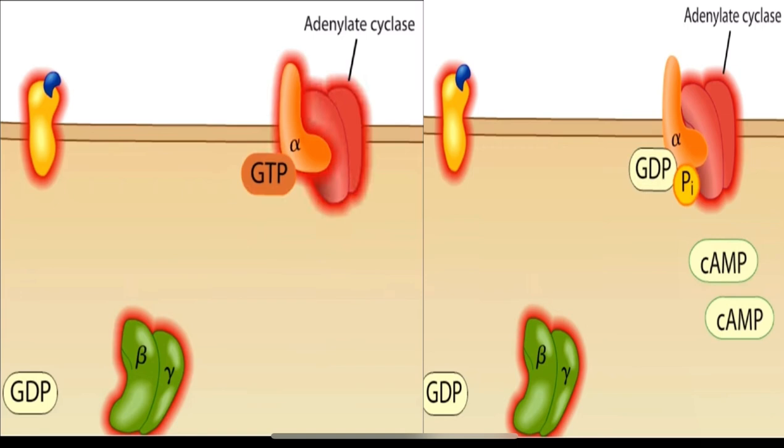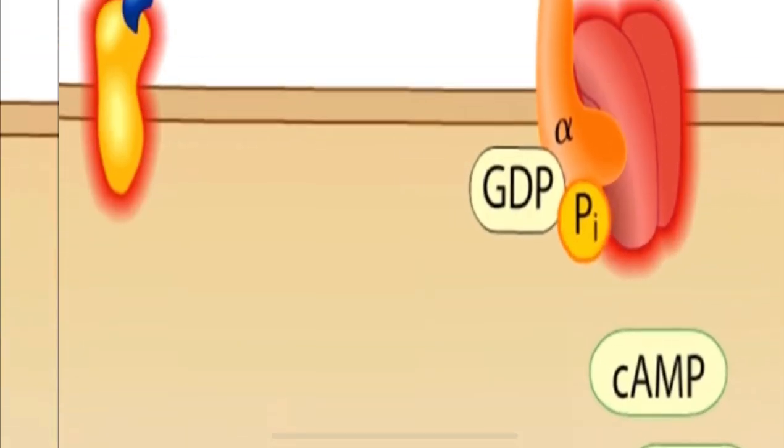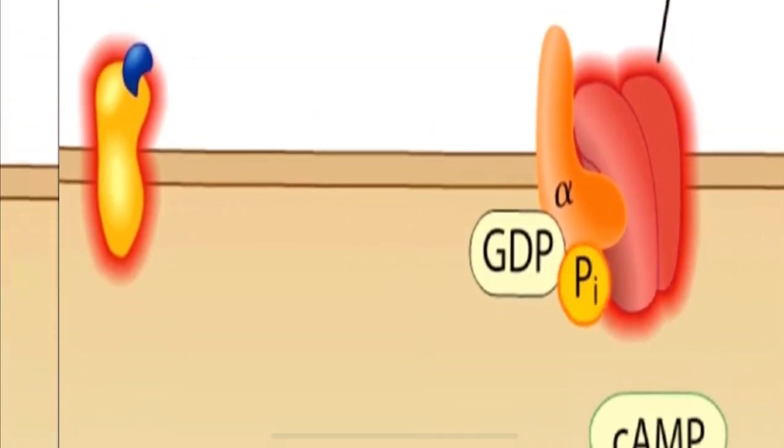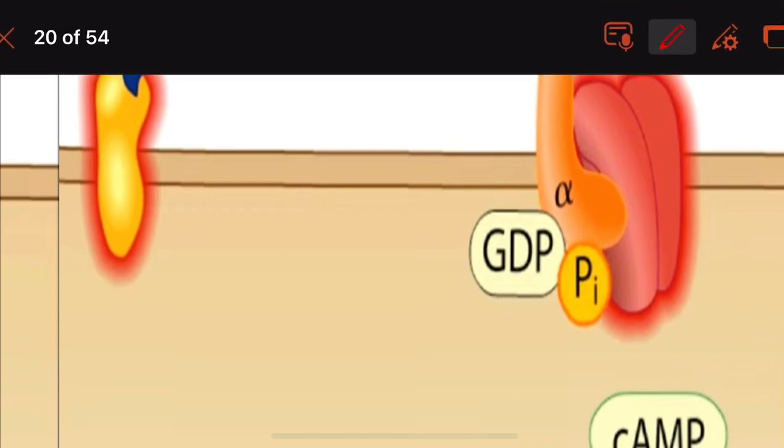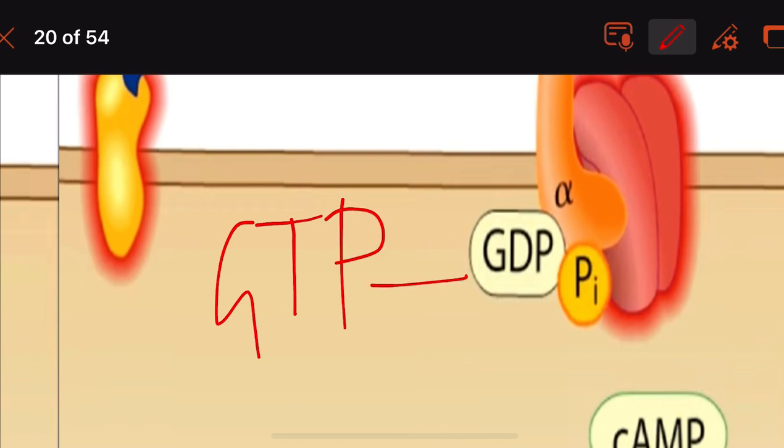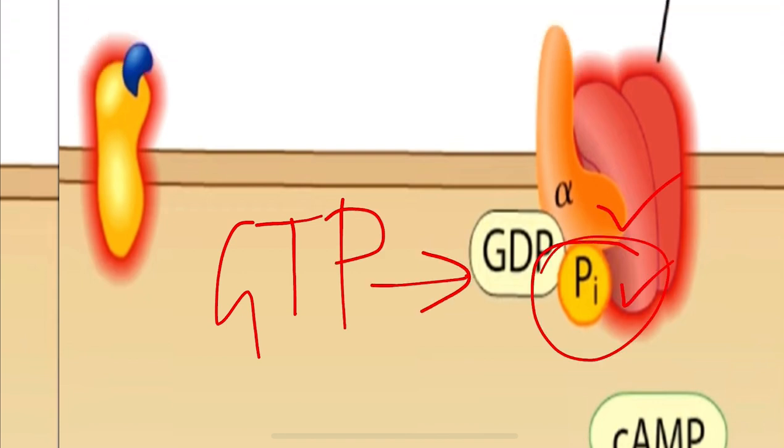ATP gets converted into cyclic AMP. Soon after the conversion, the function is completed, so this alpha subunit will tell the adenylate cyclase, okay, our function is done, no more ATP has to be converted into cyclic AMP. So let us quickly get converted back from GTP to GDP and inorganic phosphate.